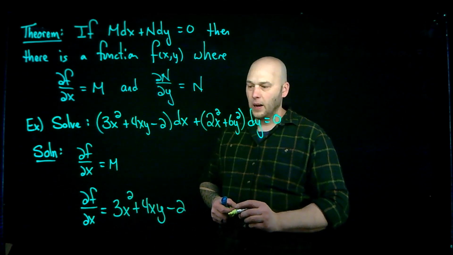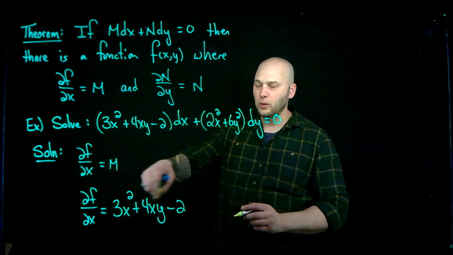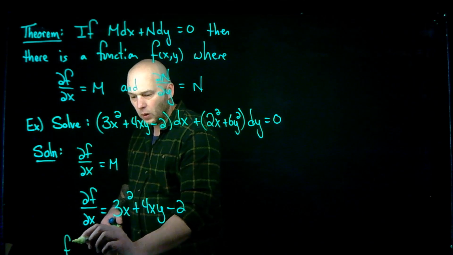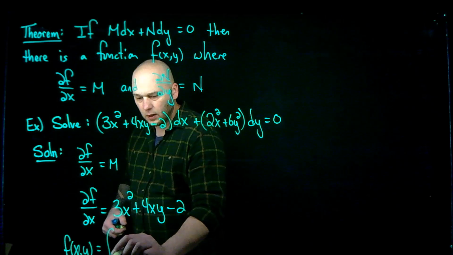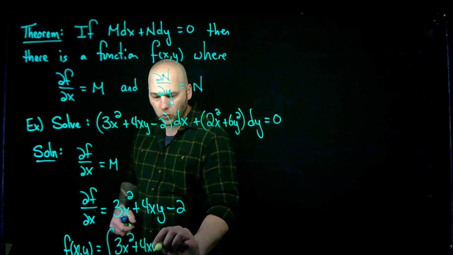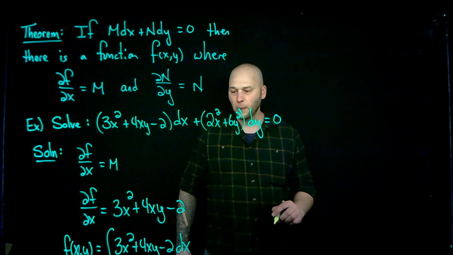Okay. Now, in order to uncover some information about f, I'm going to undo that partial derivative, which means I'm going to find an antiderivative with respect to x. So f of xy is the integral of 3x squared plus 4xy minus 2, again, with respect to x in this case.